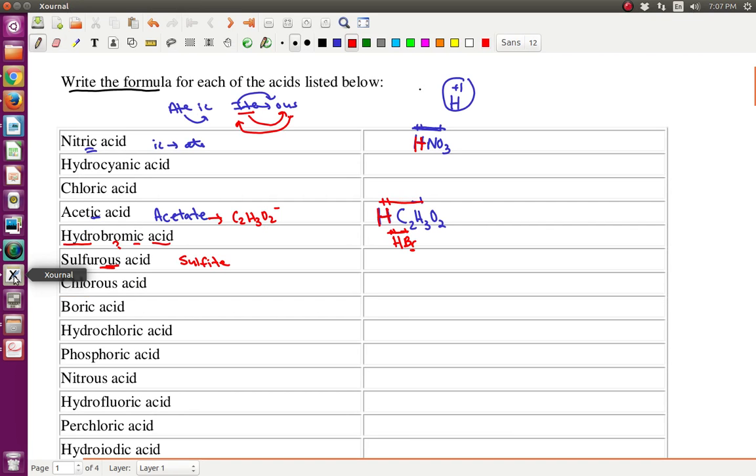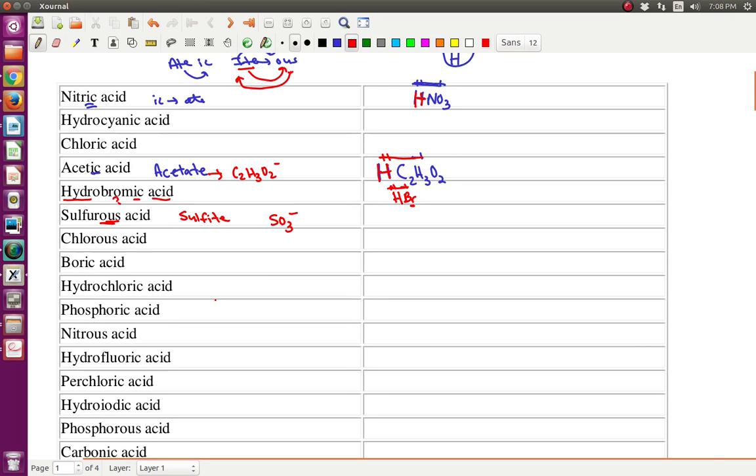Also, SO4 was a -2, so this is also a 2 minus. I didn't write that correctly, so I double checked it just to be sure. So sulfite is SO3 2-, and this acid is made from that.